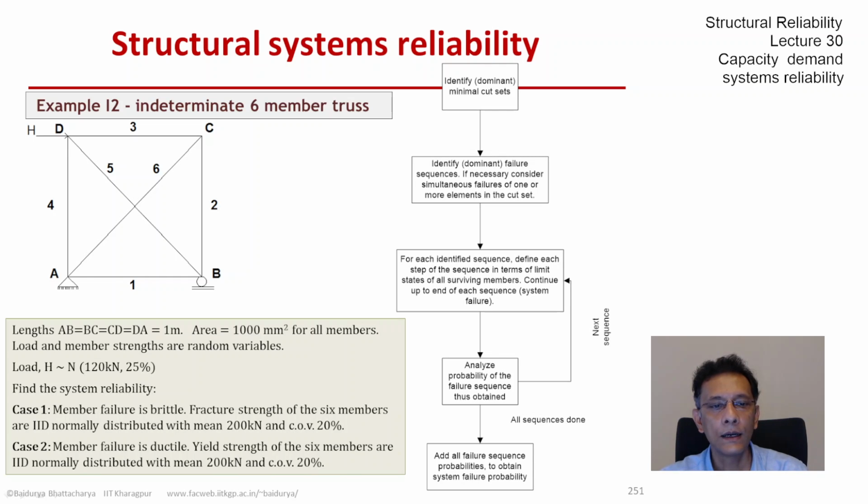Then we need to find the probability of each such cut set or sequence within the cut set, and then obtain the union failure probability. For this simple structure, we have been able to identify all the 15 minimal cut sets, but it doesn't have to be so for larger, more complicated structures. But let's continue with this, and let's look at case 1 first, where the members are all brittle.